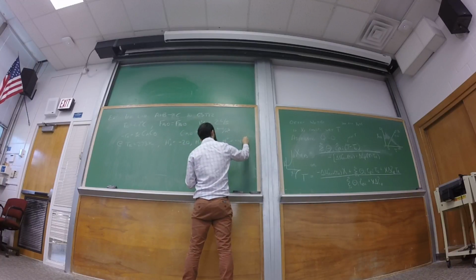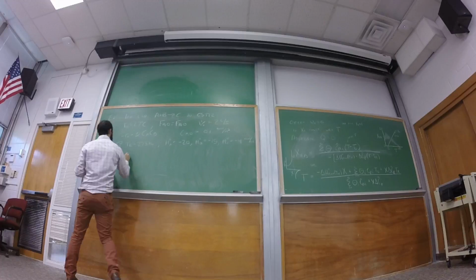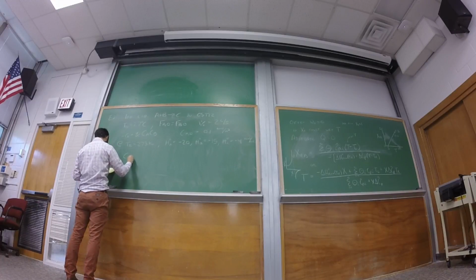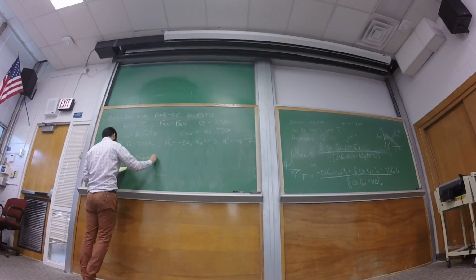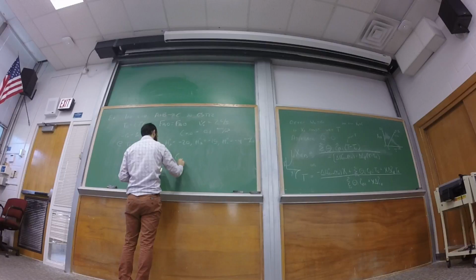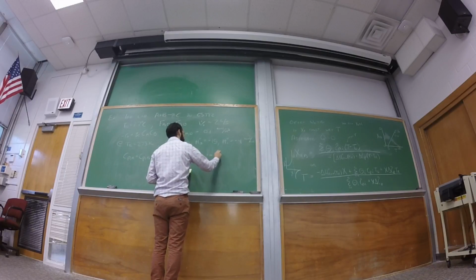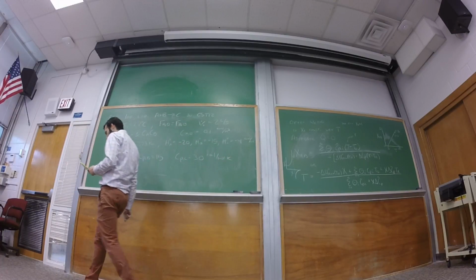All of these are in kilocalories per mole. The heat capacity of A is the same as the heat capacity of B. It's 15. Heat capacity of C, 30. And these are in calories per mole Kelvin.